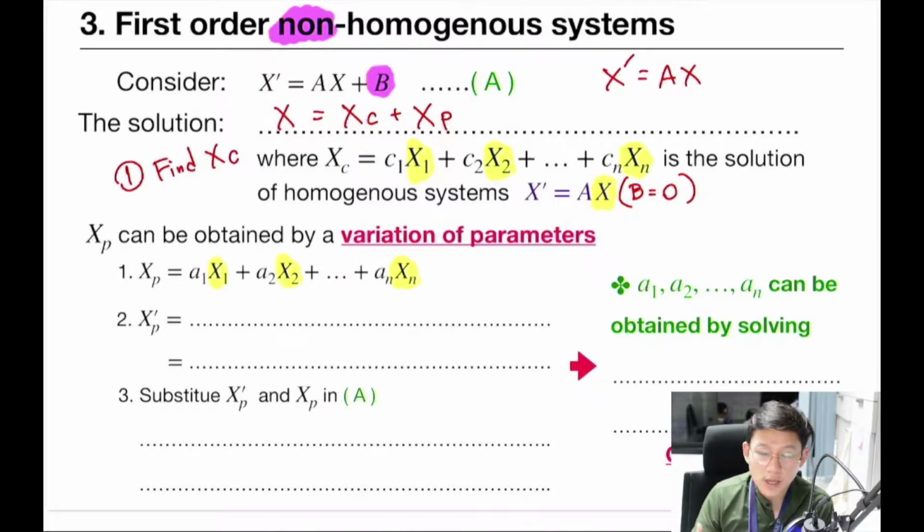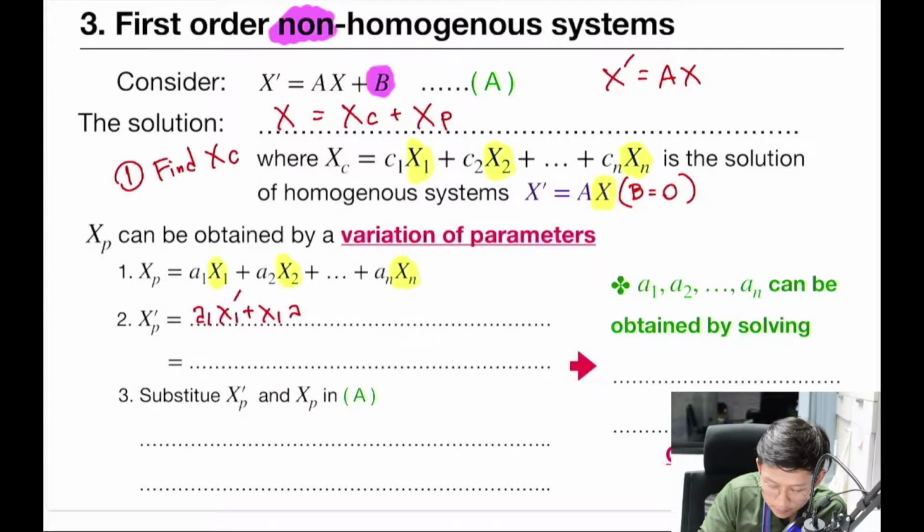And if we look at the derivative of xp, we would have a1 x1 prime plus x1 a1 prime. For this one, you need to look at it as u and v, so you get u dv plus v du.